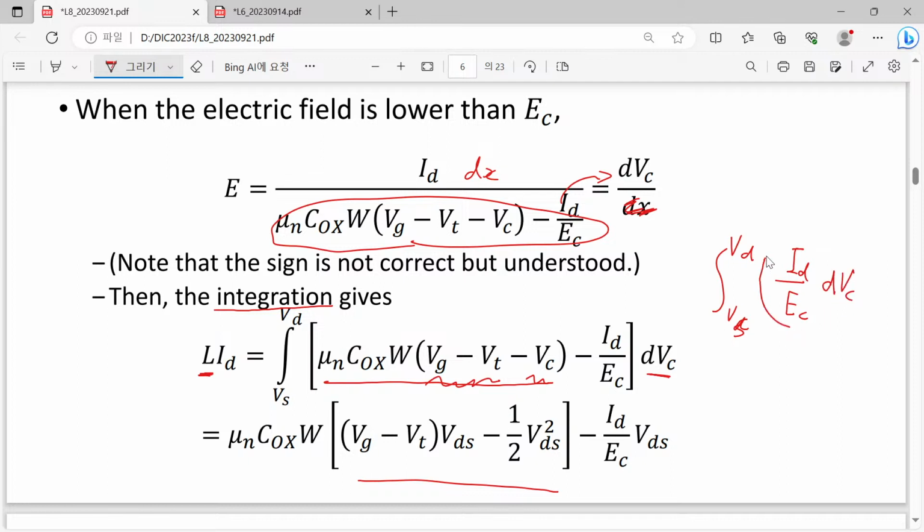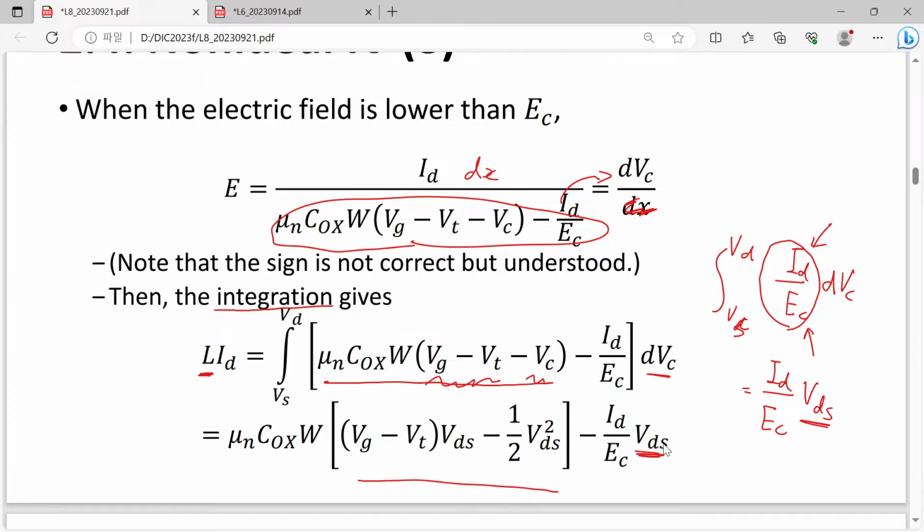But fortunately, this is just a constant. Id is constant current, so wherever you are, at any x position or any channel potential, it is constant. And the critical electric field is also constant. So we can just put it out here. After that, the remaining thing is just Vd minus Vs, and that is written as Vds here.